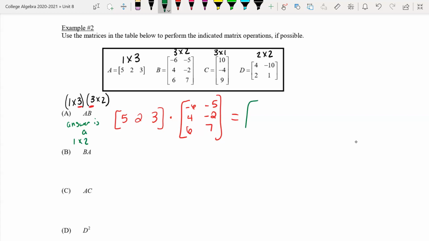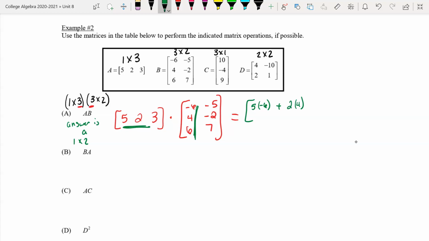So I'm going to take this row times everything in this column. You do the first column. So I'm going to take 5 times negative 6 plus 2 times 4.